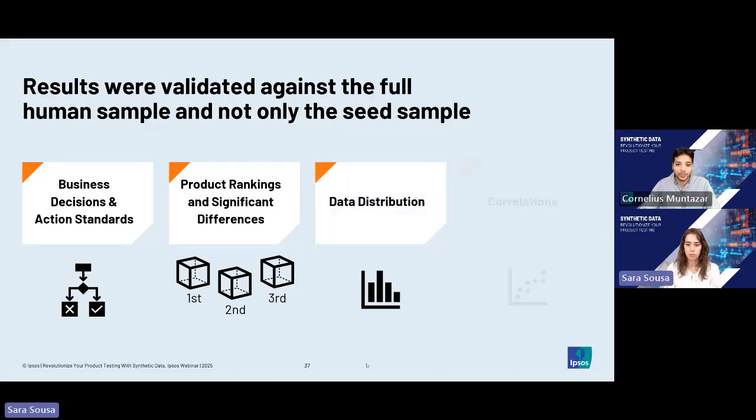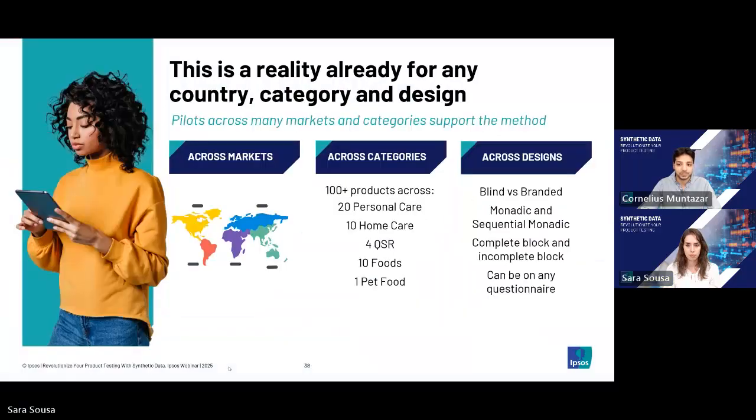Third, we got a little more nerdy and got into the nitty-gritty, examining things like data distribution and correlations, because we wanted to be sure that what we were seeing in our augmented samples truly reflected what we find in real-world data sets. Our approach was truly comprehensive to ensure the reliability and accuracy of our method.